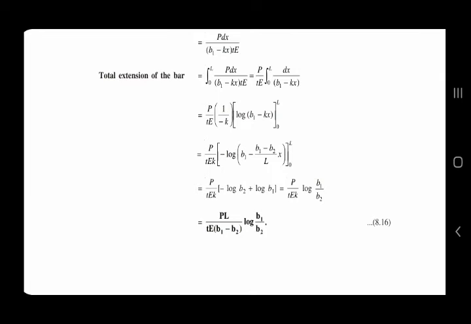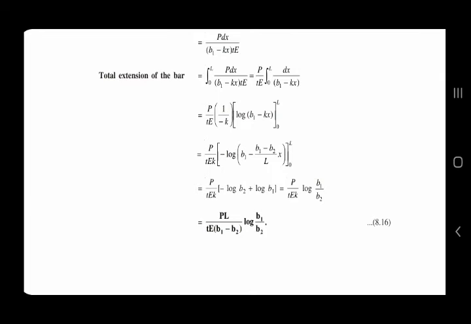So we can say PL upon TE into (b1 minus b2) into log b1 by b2. That will be the equation for the plate having a thickness T. So that is the change, depending on the cross-sectional area, the extension will be varying.